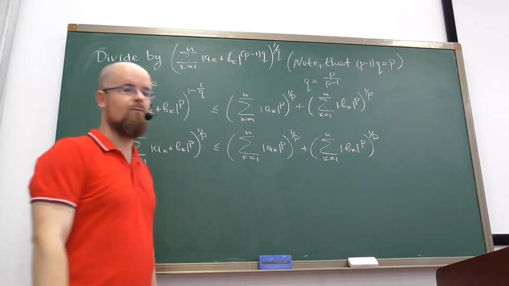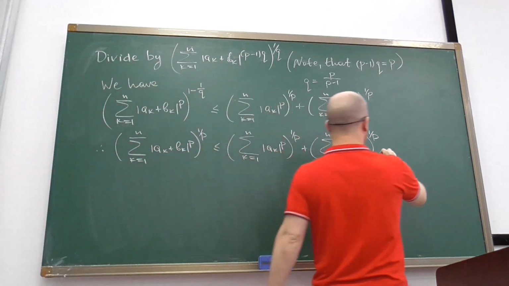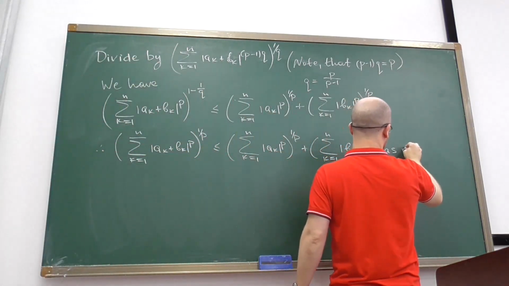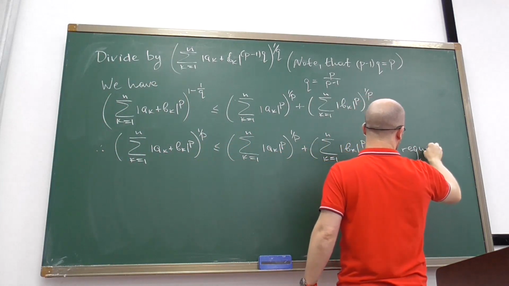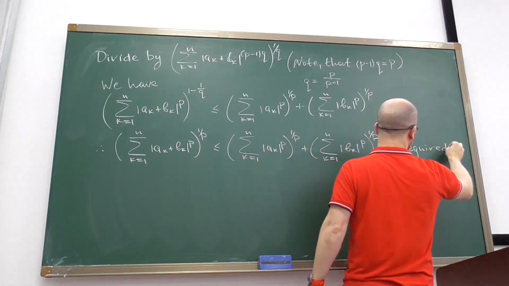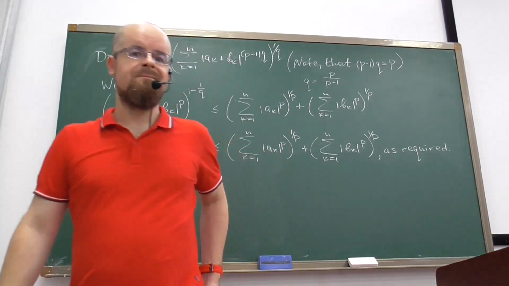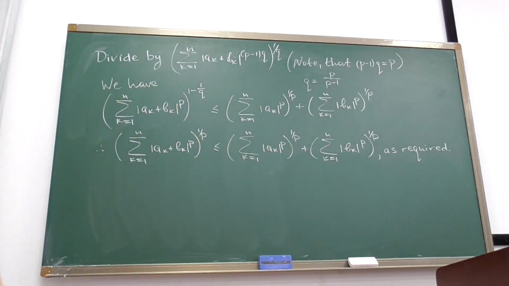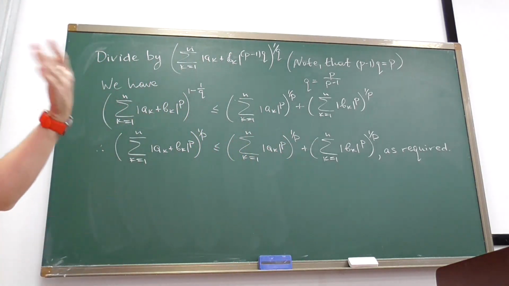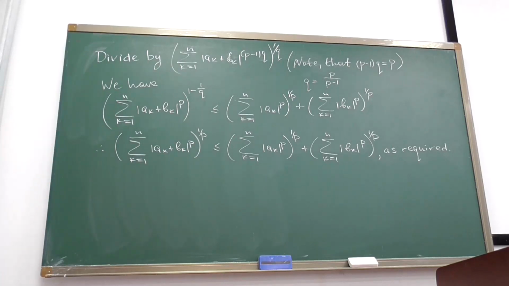Well, this is exactly what we wanted, as required. So we have proved the Minkowski inequality. From this Minkowski inequality, we can conclude that the function rho sub p is in fact a metric.